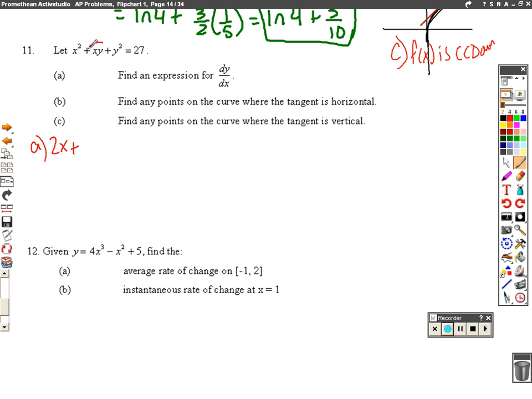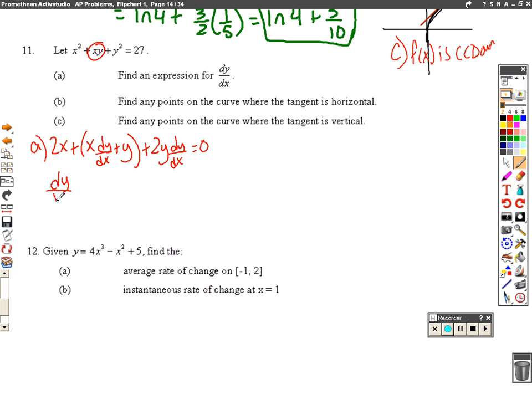Plus, this is a product. So it's x times the derivative of y, which is dy dx, plus y times the derivative of x, which is dx dx, plus 2y times the derivative of y, which is dy dx, equals 0. Okay, so I'm going to group my dy dx on this side. Everything else I'm going to subtract to the other side.